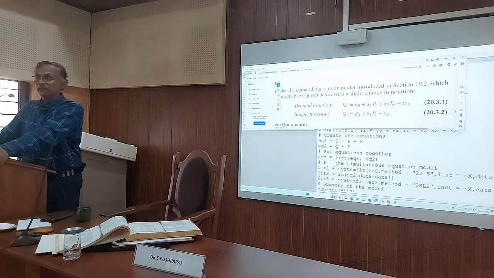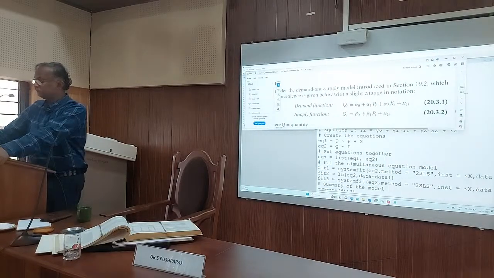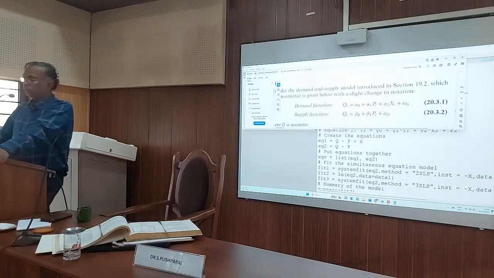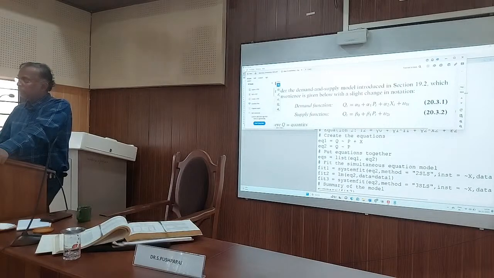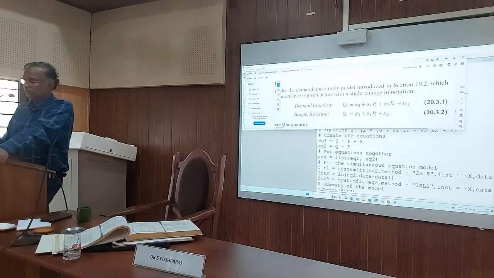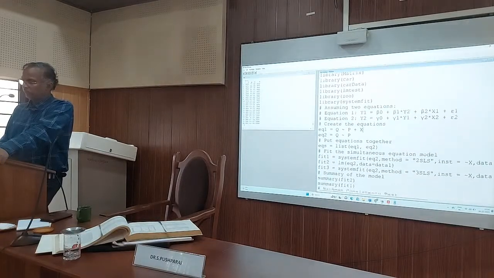Only the stochastic equations have to be included. Just look at that. First equation: Q equals alpha 0 plus alpha 1 P t plus alpha 2 X t plus u1t, right? So two variables, P and X. So the first equation is Q tilde P plus X, with two independent variables. The second equation is Q on P only, so Q tilde P, finished. So two equations are specified. We'll move on to the next one.